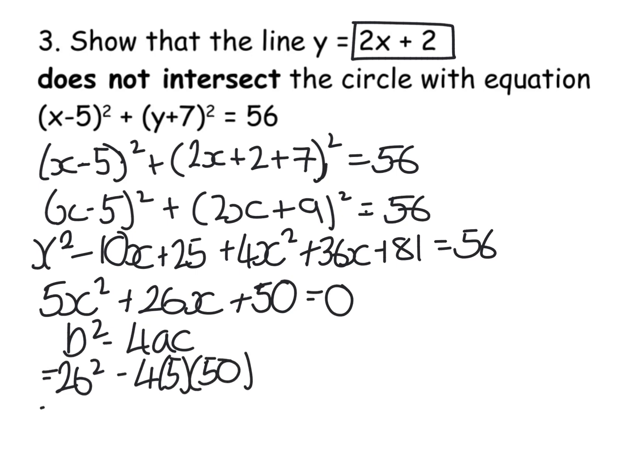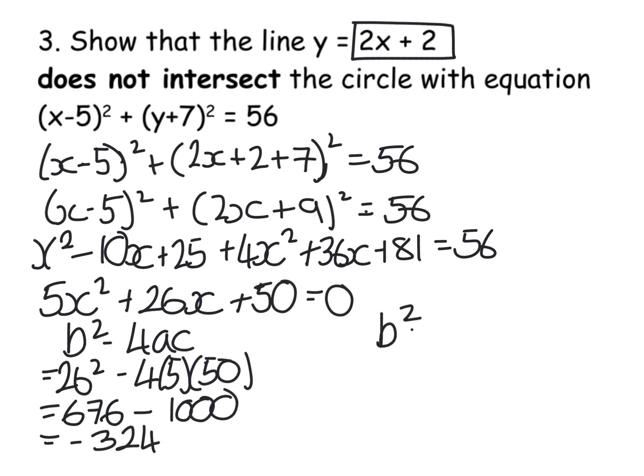And then that will give us 676. Take away 20 times 50. So take away 1,000. So that is negative 324. So because our discriminant, b squared minus 4ac, is less than 0, normally we would say there's no roots, but in this case there's no point of contact.